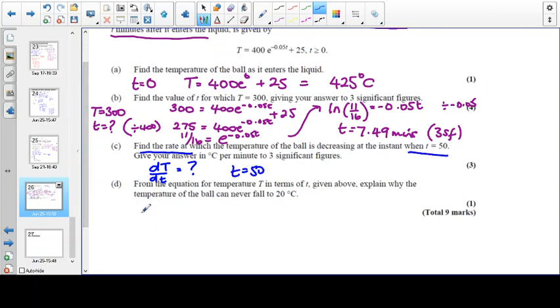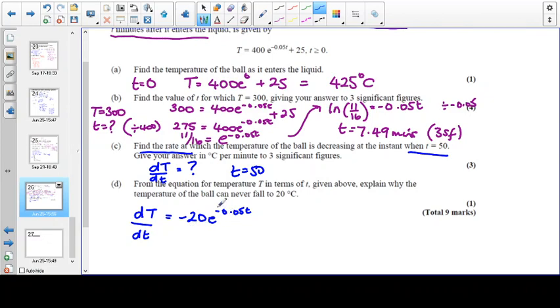So dT by dt is going to be 400 times negative 0.05, which is minus 20, so minus 20 e to the minus 0.05t. And if you differentiate 25, you get 0.